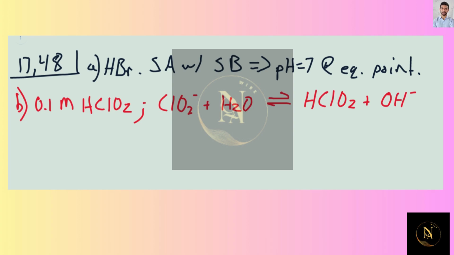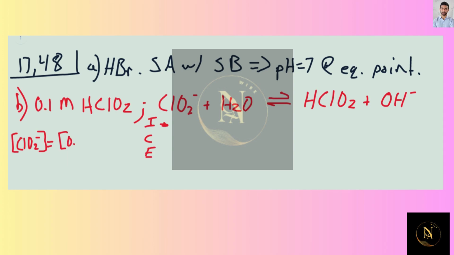So to know the concentration of ClO2 minus, which is necessary because we need to know the initial concentration, what we can do is multiply the concentrations by each other.